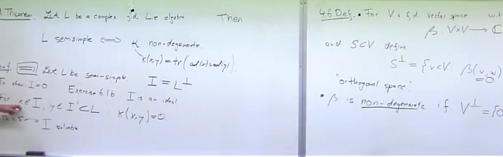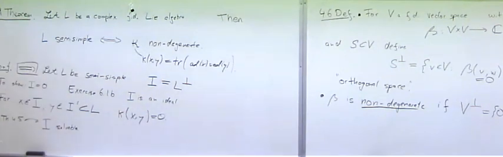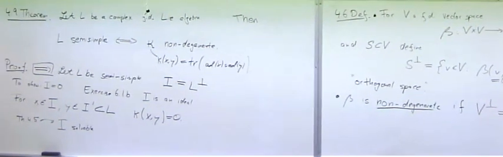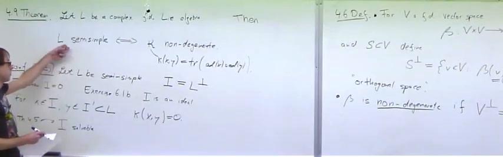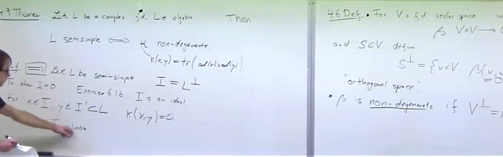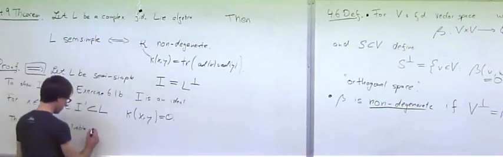Whenever we picked an element X of the Lie algebra and an element Y of the derived algebra, then the Killing form should vanish. So I is solvable. L was semi-simple. Again, that means that there are no non-trivial solvable ideals. L was semi-simple, I is solvable, I is an ideal. So I must be trivial.